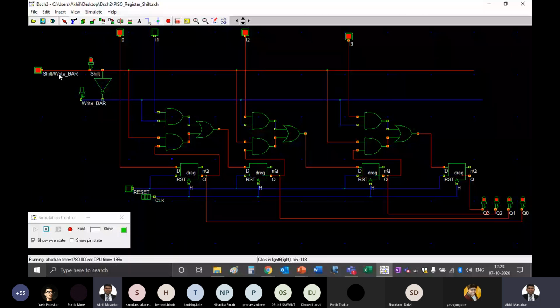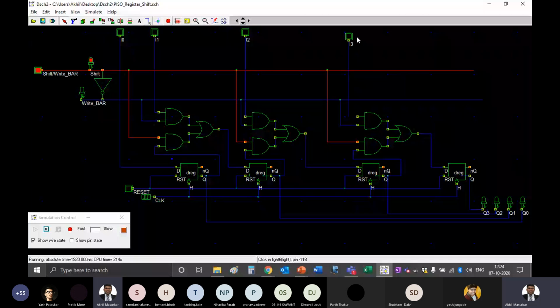So whatever we are entering inside, that gets shifted serially out. If I am giving here, you can see 1100. Now if I give again 00, that thing will get shifted out.